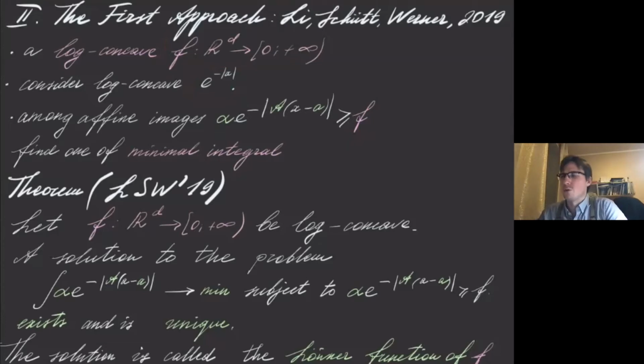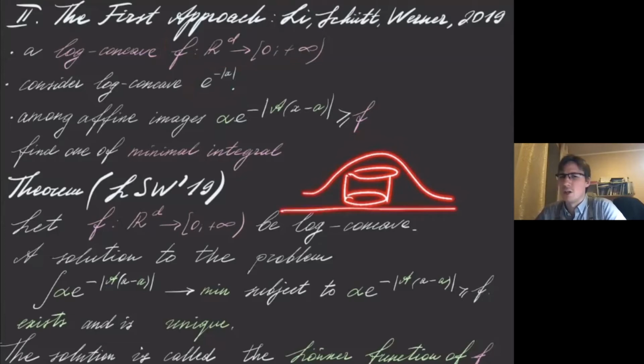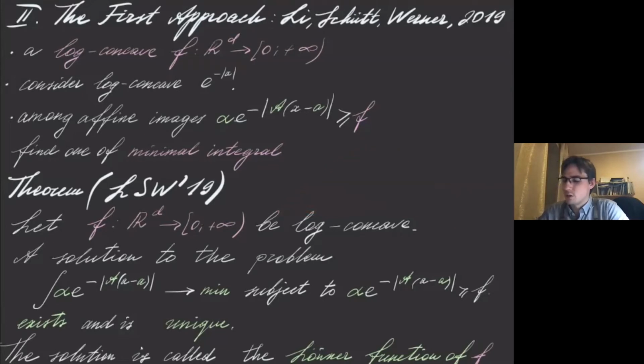Those authors were given a log-concave function f, and they tried to find a cylinder in the subgraph of your log-concave function f of minimal volume. So roughly speaking, this is what the dual problem is, and the solution to this problem exists as well and is unique, and it is what they call the John function of log-concave function f, just simply a characteristic function of this ellipsoid times this height. And this optimization problem is dual to that which I just explained to you.